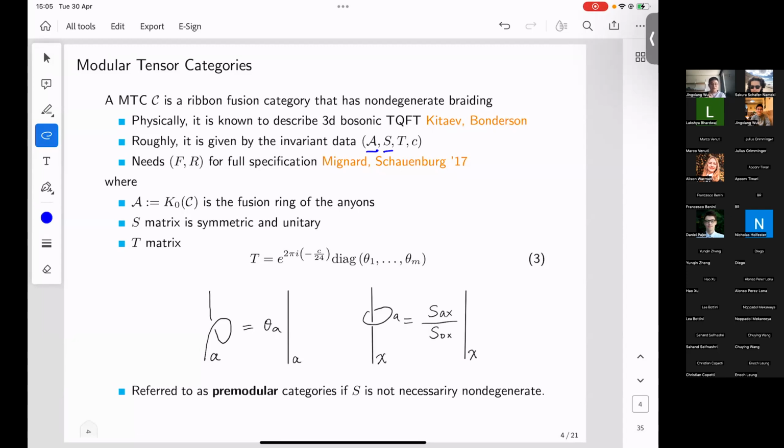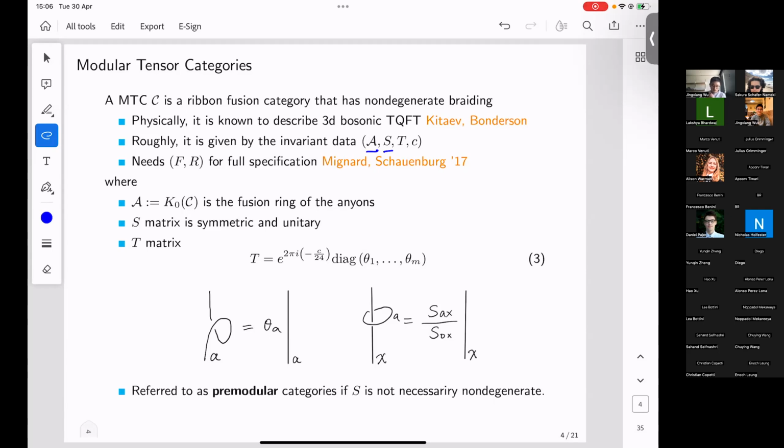Unfortunately, this is not the full description. It's been understood recently that you also need the F and R symbols to fully and uniquely specify an MTC. But that's harder to describe. There's a whole bunch of consistency relations for all those data to satisfy in order for a category to be a modular tensor category.